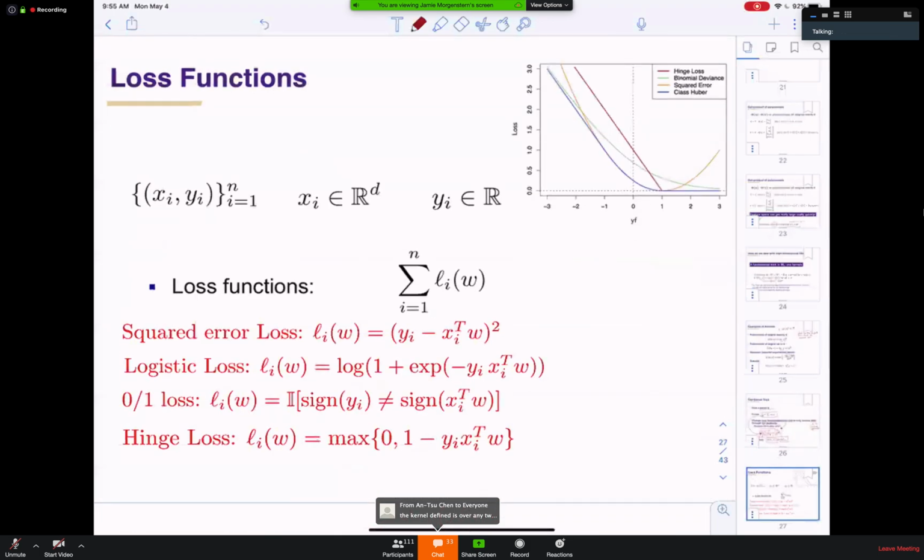Why is it the case that all the loss functions we were talking about before can naturally be described as dot products of our initial data?